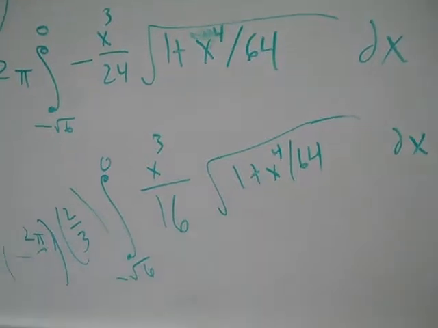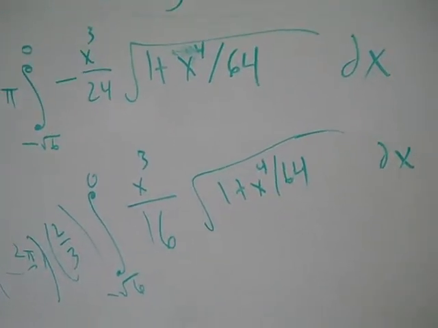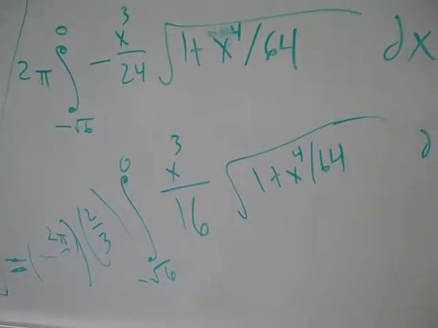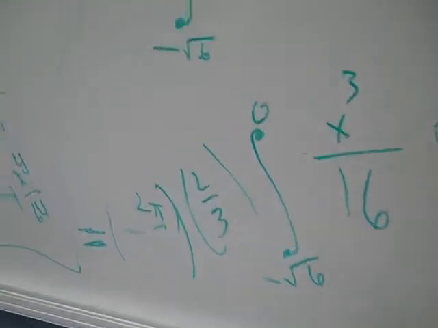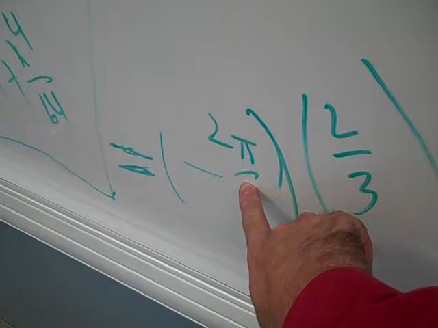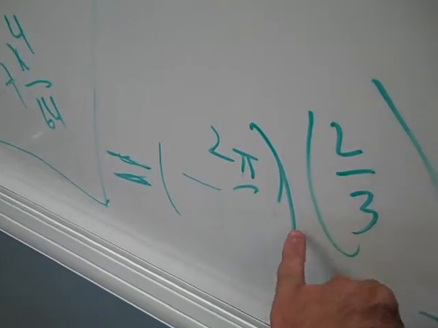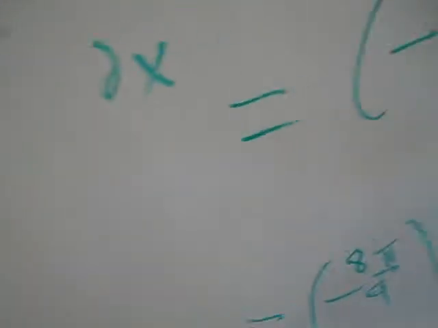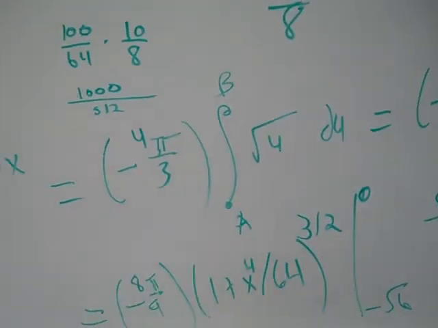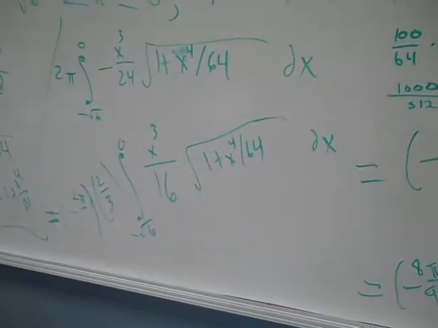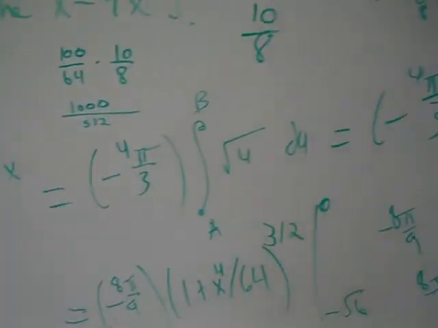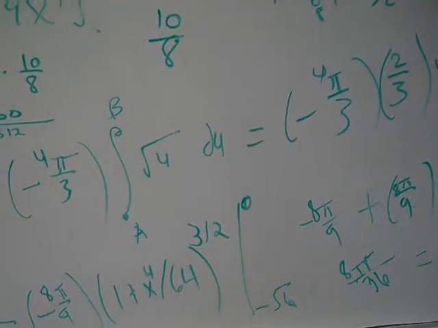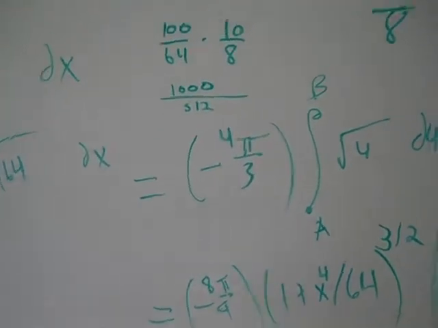So with that being said, I can use the chain rule. First let's just multiply these two things. 2 pi times 2 is 4 pi, so it's negative 4 pi over 3, just after multiplying the numbers. So it's negative 4 pi thirds, and then we integrate from a to b the square root of, now I substitute in u.